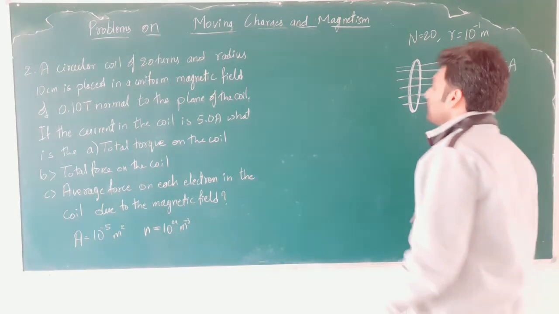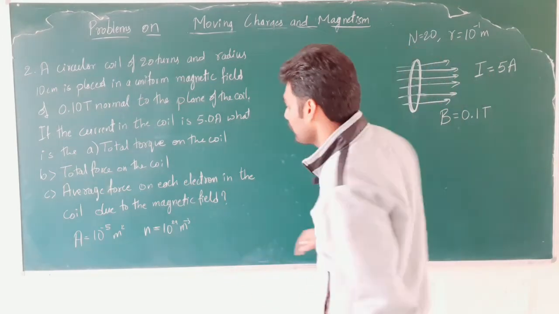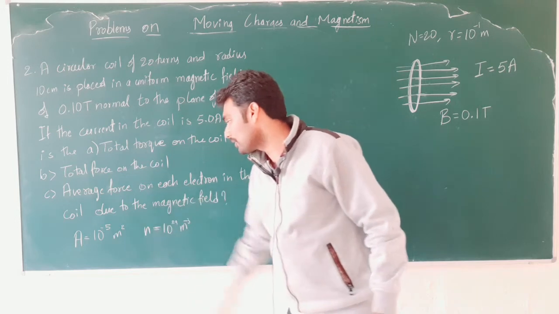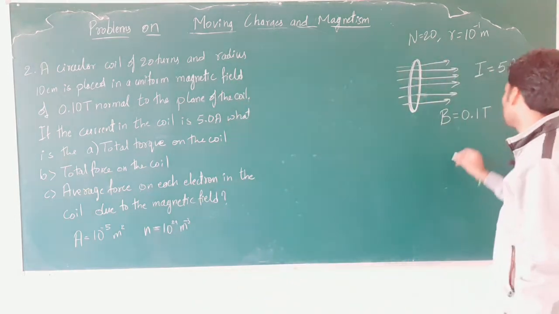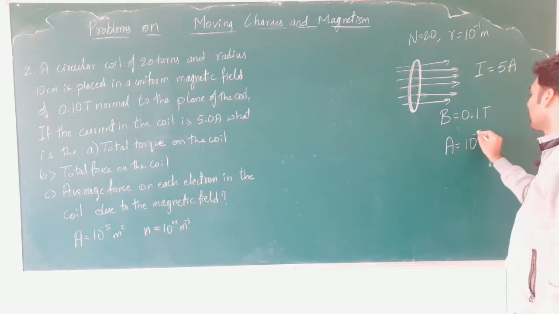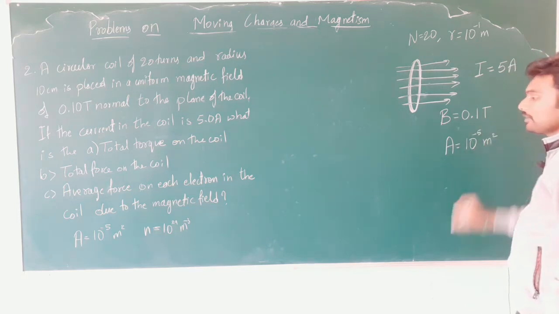That's it. Those are all the given data, and we also have finally the area of cross section of the wire, which is 10 to the power of minus 5 meter squared.